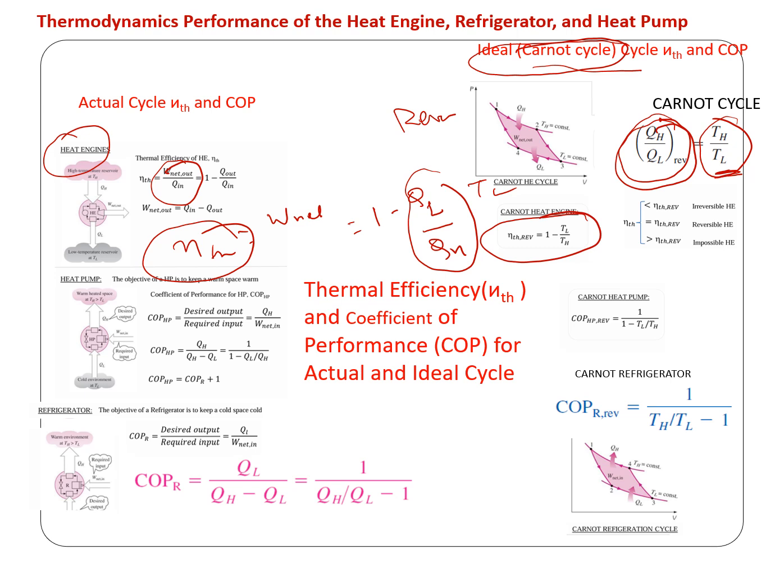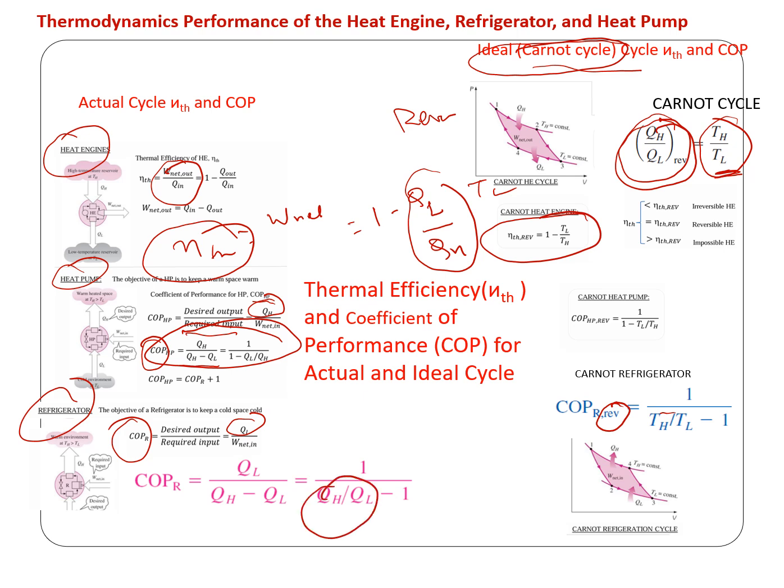And for the heat pump and the refrigerator, the performance is measured using the COP. And COP is always the desired effect divided by the required input. In the heat pump, the desired effect is QH, and for the refrigerator, the desired effect is QL. And this is for the actual heat pump and refrigerator. But if it is a Carnot or reversible refrigerator, then you can replace QH by QL with TH by TL, and this formula can be used.